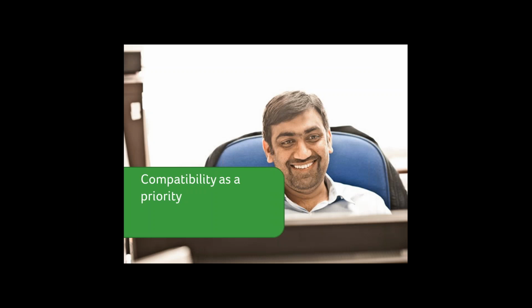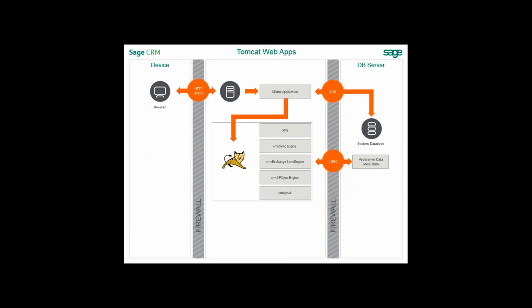Now we're not facing SData 2.0 yet within the on-premise environment. This is only being introduced into the cloud environment at the moment, but it will come to us eventually, and so we'll have the question of what does this mean for us as far as upgrades and compatibility. The importance of compatibility has been identified as a major priority within the development, and we've got SData being used all the way through CRM.